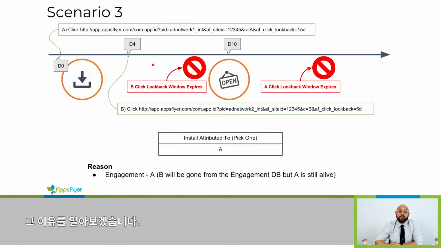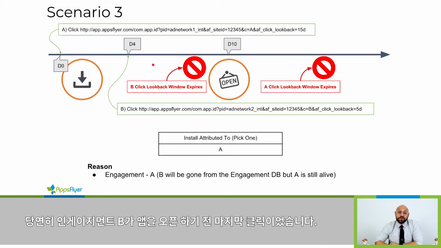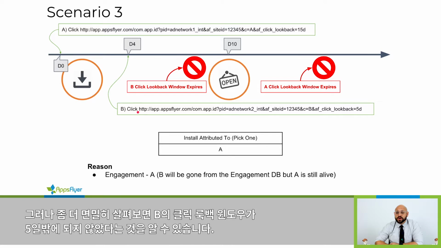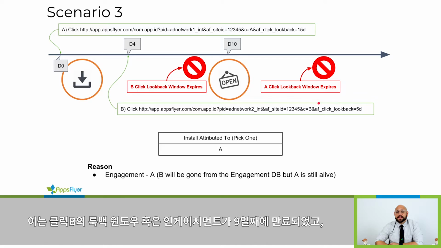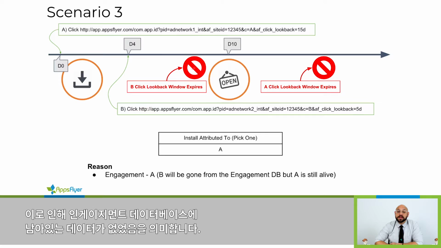Now let's figure out why. Of course, engagement B was the last click prior to the open. But if we look very carefully, we can see the click lookback window is only 5 days. That means that the engagement for click B expired on day 9, meaning there was no engagement in the engagement database to attribute to.